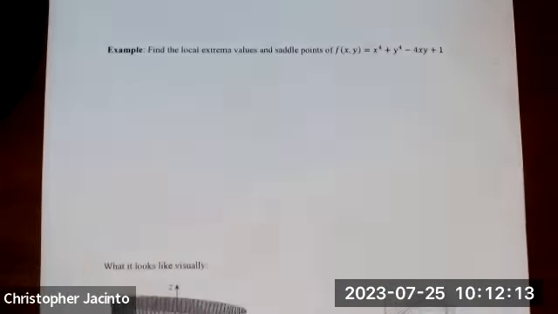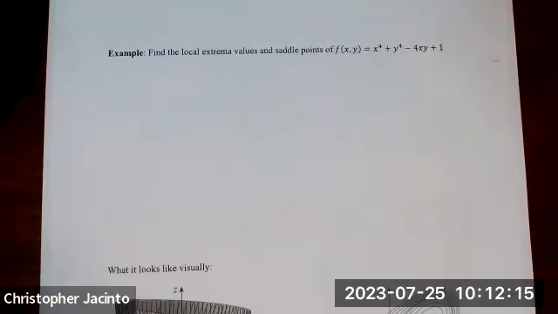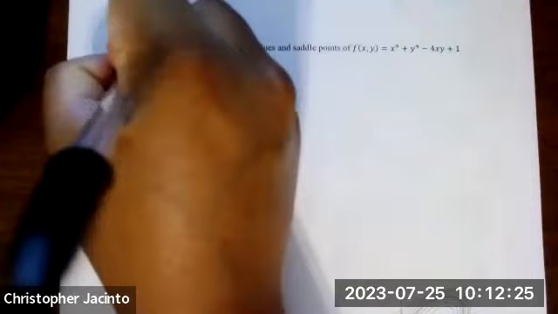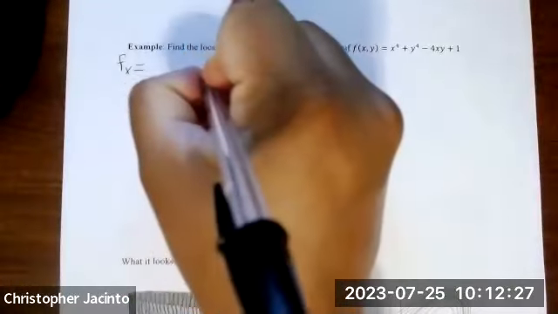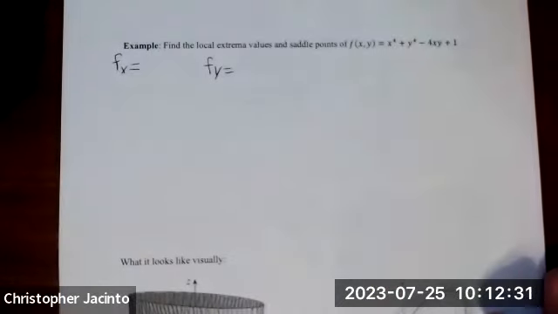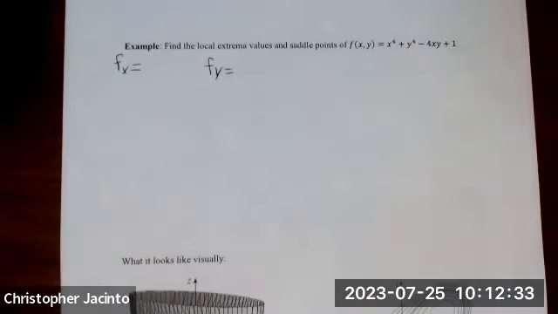So let's try an example out so you can see how this is going to work. So find the local extreme values and the saddle points, if we have any saddle points, of our function here. Okay. So we have a lot to do here. So first, find the partial derivatives with respect to x and y.